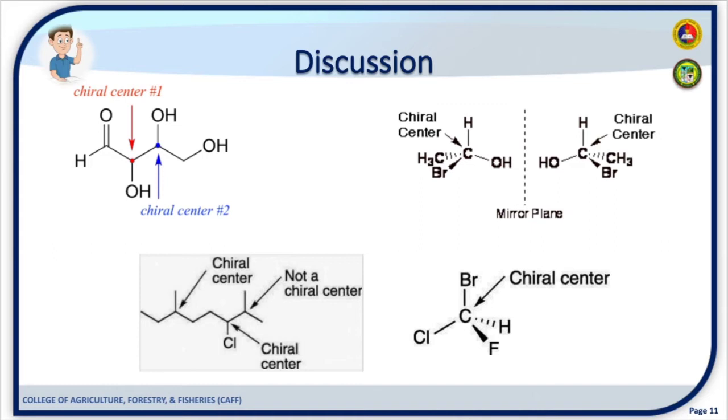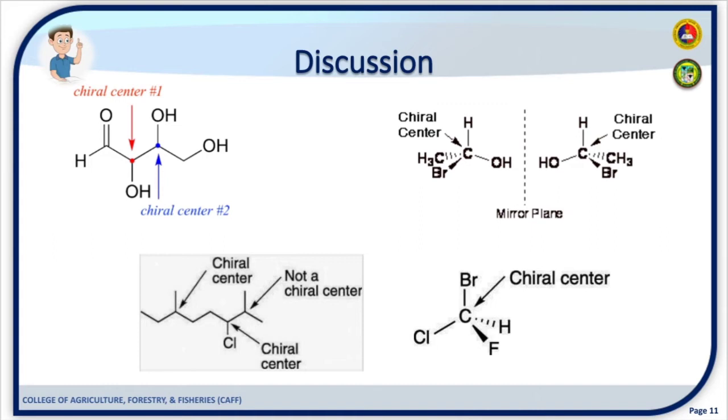And lastly, if you refer to the right side, you can see that the central carbon atom in chiral center number 2 is directly bonded to the carbon which contains the OH group.